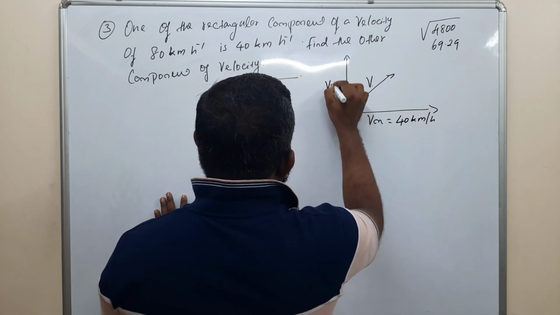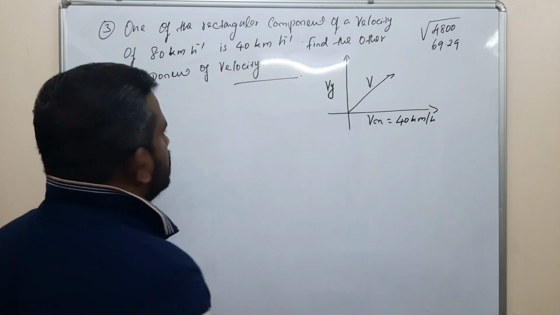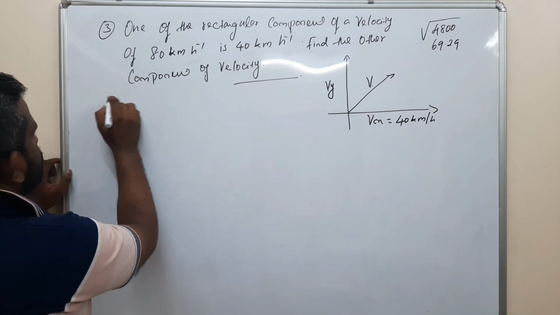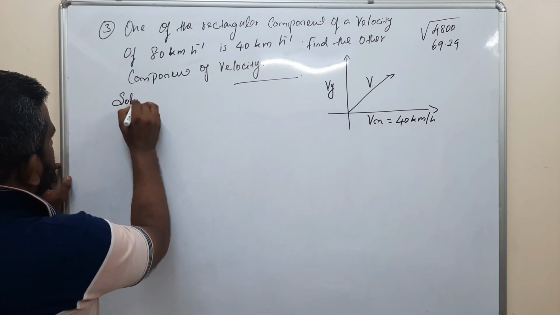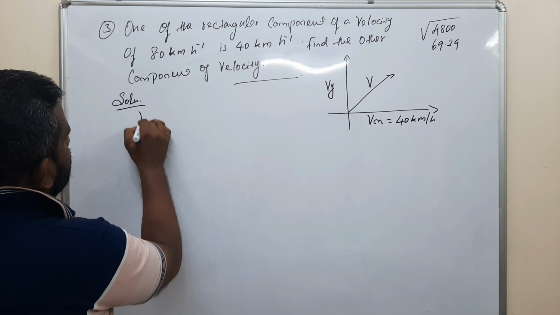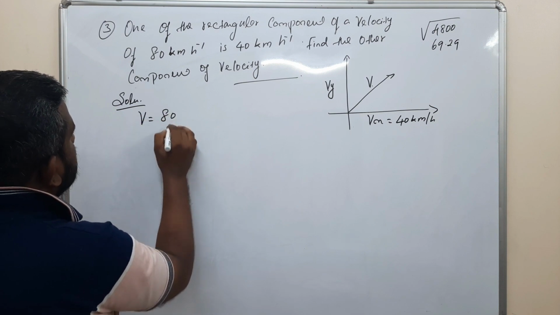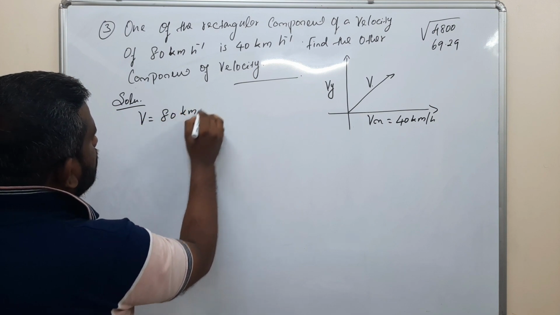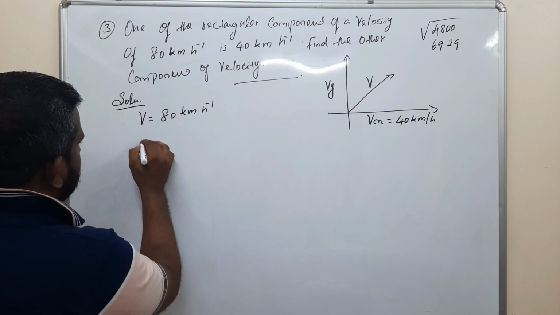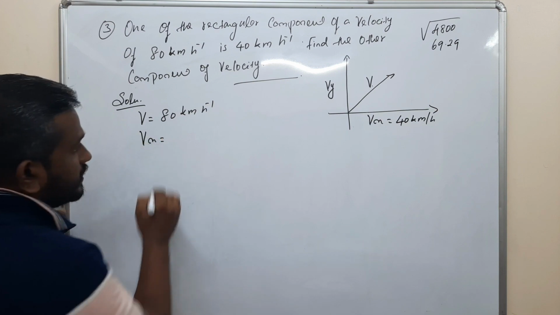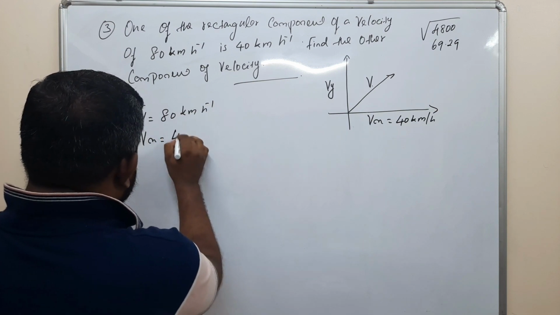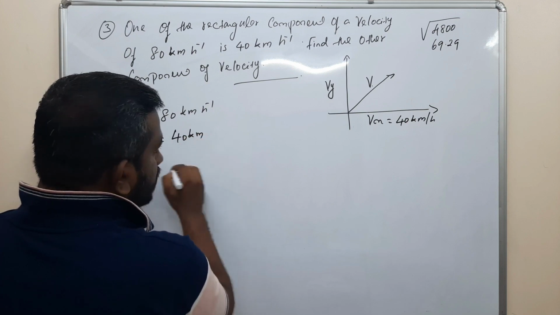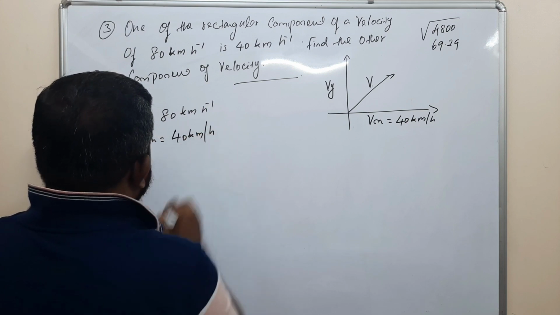So Vy we have to find out. So solution: V is equal to 80 kilometer per hour, Vx equal to 40 kilometer per hour.